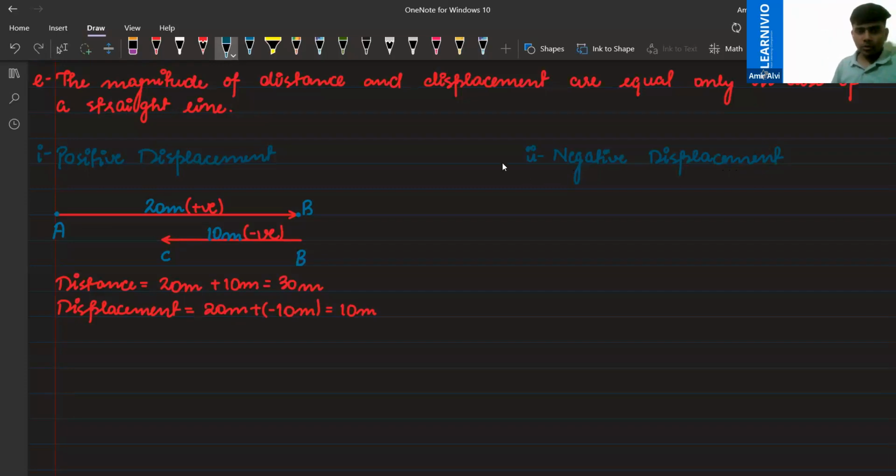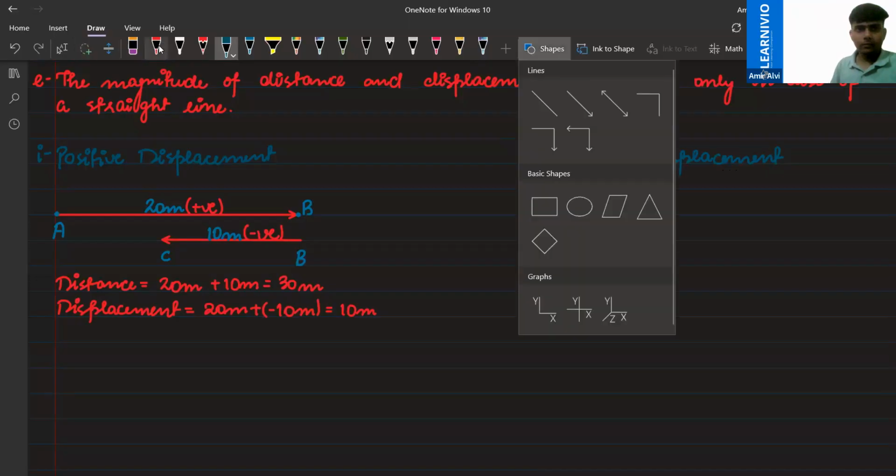So let's talk about what is negative displacement. Let me draw the figure.